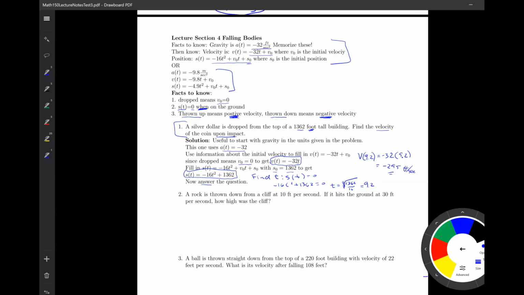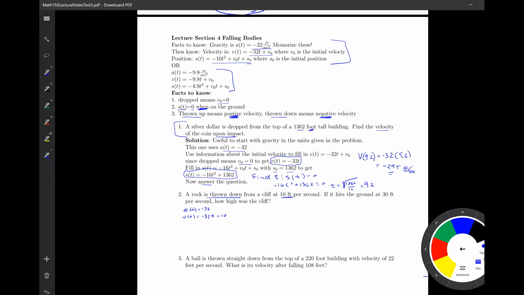All right, here we go, another one. So we've got a rock being thrown down at 10 feet per second. So I see my acceleration is going to be negative 32. My velocity will be negative 32t minus 10 because it's being thrown down. So I have to assign it a negative velocity.